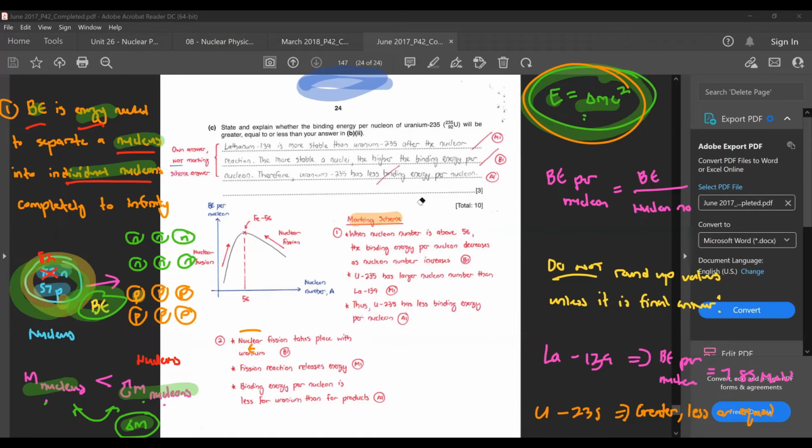So when you want to explain whether uranium-235 has higher, lower, or equal binding energy per nucleon, the answer was this: when nucleon number is above 56, binding energy per nucleon decreases as nucleon number increases. Uranium-235 has a larger nucleon number than lanthanum-139. Therefore, uranium-235 has less binding energy per nucleon. This is the actual marking scheme answer.